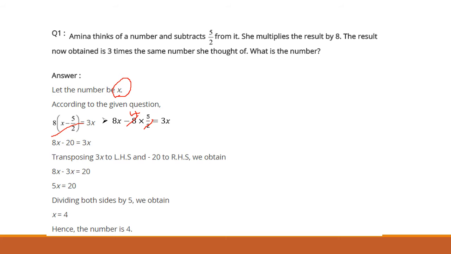Dividing both sides by 5, 5 ones are 5, 5 fours are 20. So x becomes 4. Hence, the number that Amina thinks is 4.